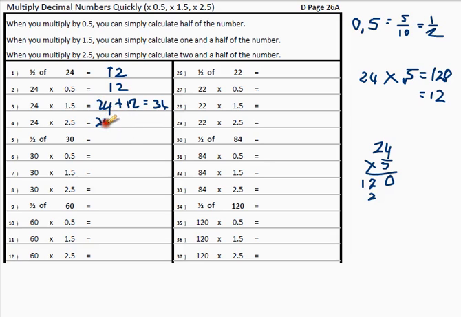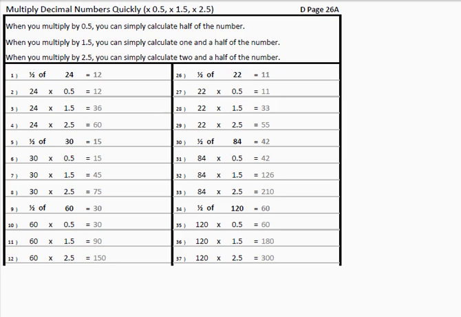It is 24 plus another 24, so it's double, twice that, and a half of it. Yeah, and 24 plus 24 is 48, plus the 12 is 60. Okay, pause the video, you try the rest. And there you go, there's the answers.